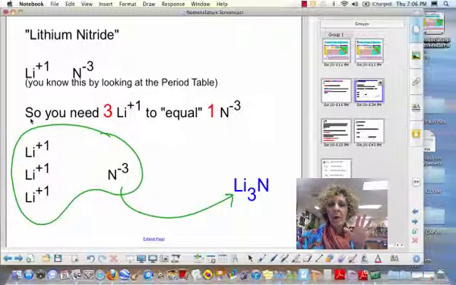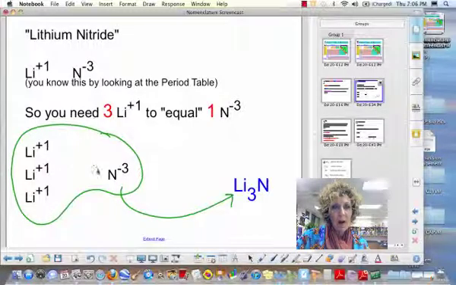So in order for the positive cations and the negative anions to equal each other with charge, I have to have 3 of the lithium +1s to balance out the negative charge of the 1 nitride -3. So I need 3 lithium +1s and 1 nitride -3.